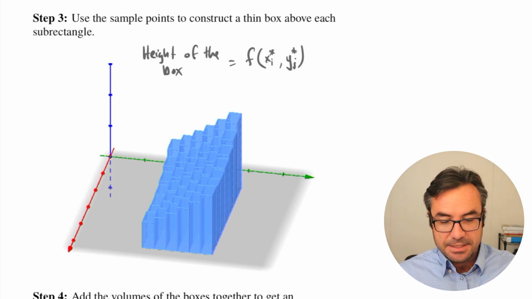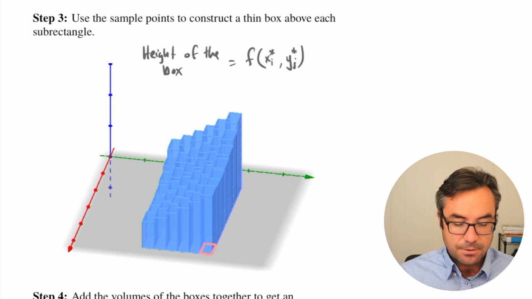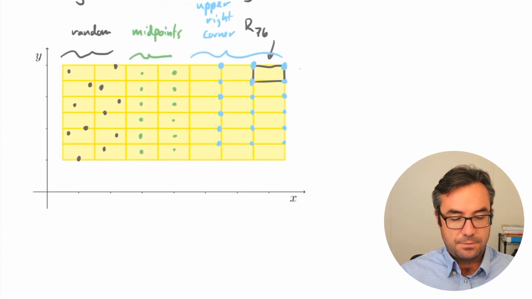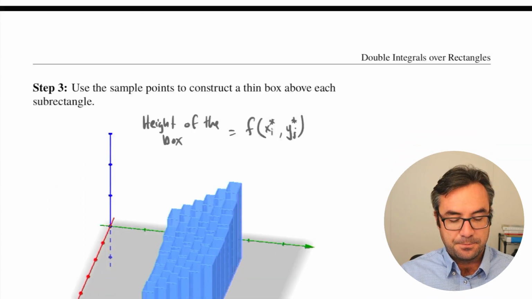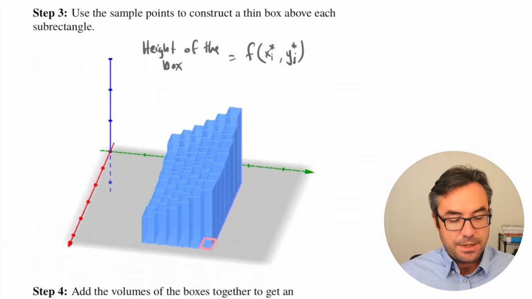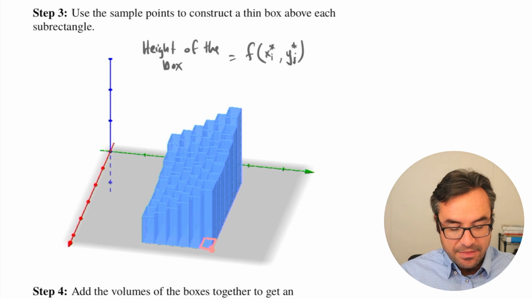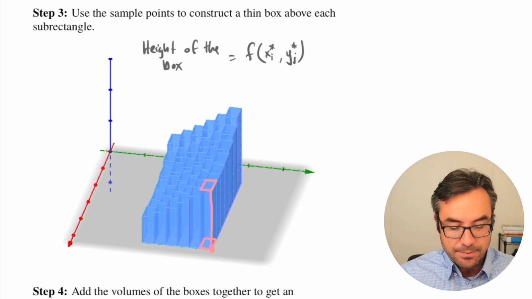So as an example, if we look at the rectangle that was in the upper, which one? This one. If we look at that subrectangle and we look at the sample point we picked, what we do is we plug the coordinates for that sample point in, and then that's going to give us how high this box is actually going to be, and then we just construct the three-dimensional box there.